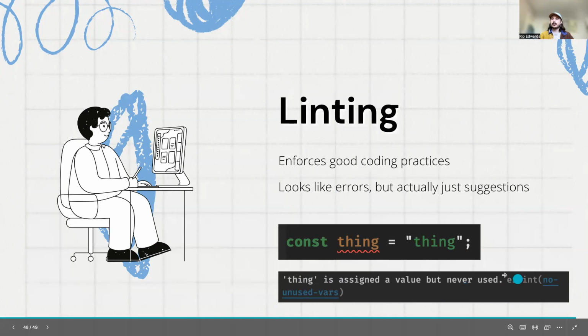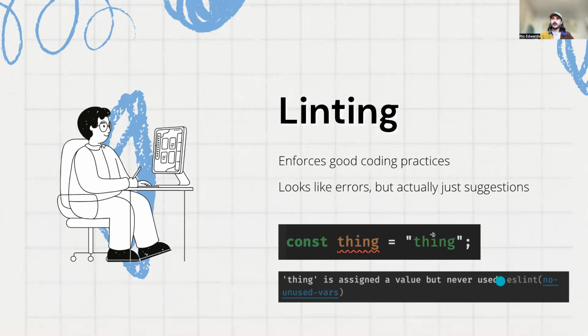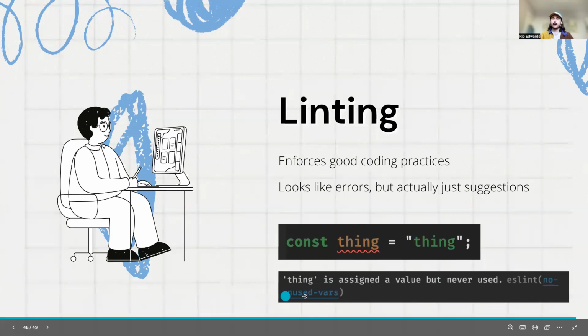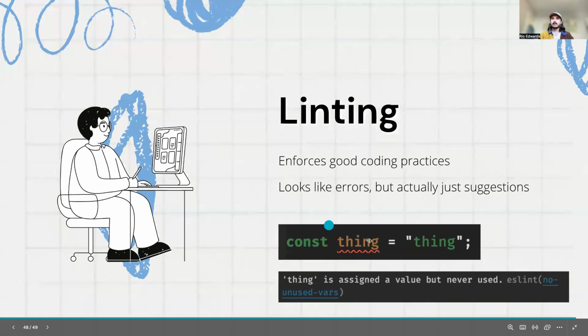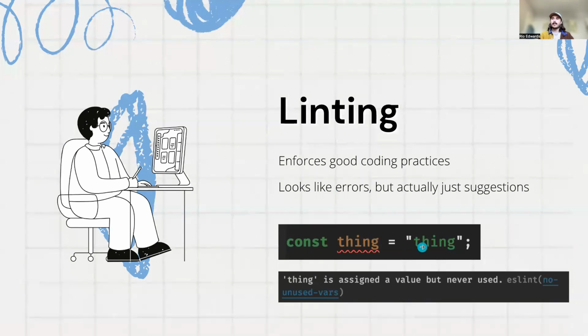And you can see ESLint, which is one of the files inside your React project structure that specifies all these rules. ESLint has a rule that's saying no unused vars, no unused variables. So it's going to complain at you if you declare a variable that you aren't using. It's not going to break your code. It's just going to yell at you. And it enforces certain good coding practices.